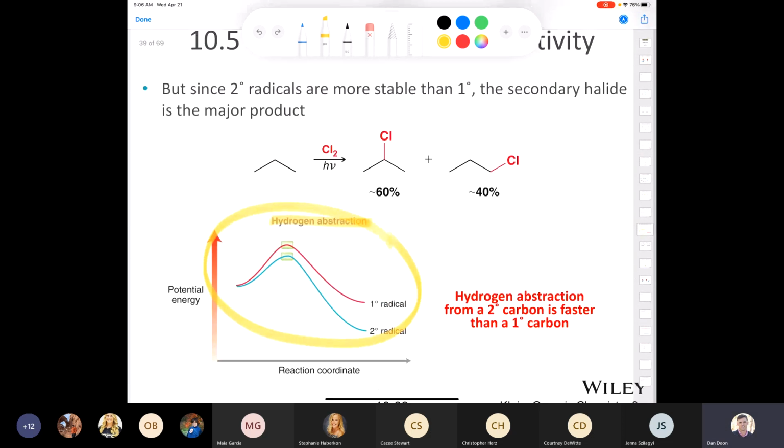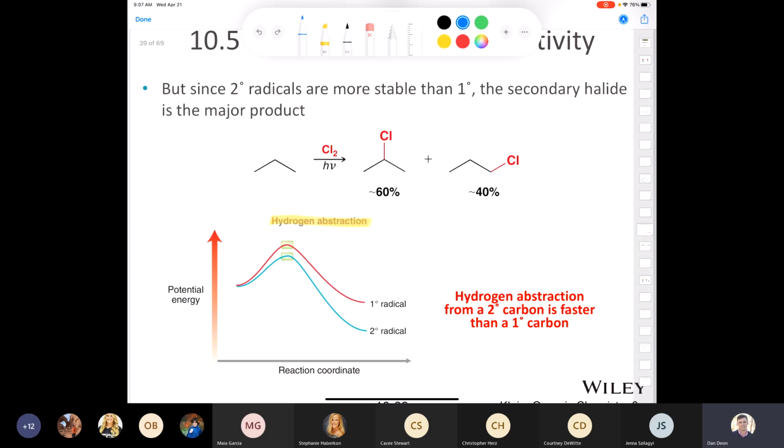If you look at the first step, look at the difference in energy between the two intermediates that yield the radical. Since the reaction is exothermic, the intermediates here are going to more closely resemble the reactants. That means the intermediates are going to have very little radical character, and so there's not going to be a very large difference between the energies of these two transition states.